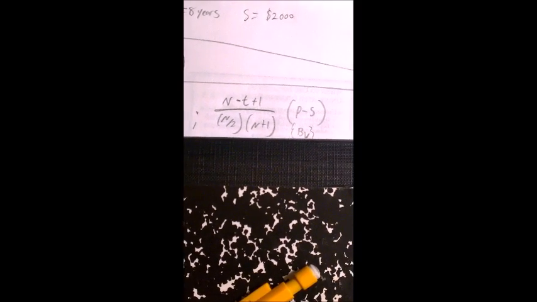4 times 9 is 36. And once we have that number, we can look at this equation right here, n minus t plus 1 over n over 2 times n plus 1, all of that times p minus s. And we have to do that for each year. So let's take a look at what that looks like.